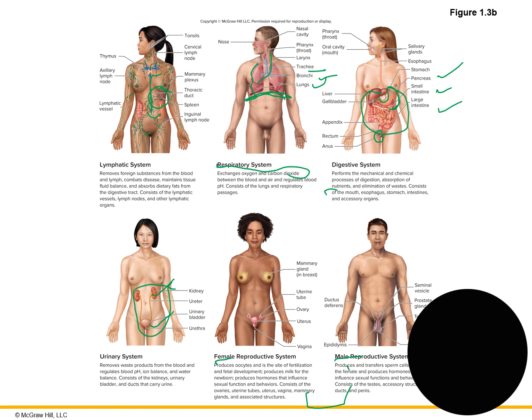We're going to see what these organs' functions are and what hormones are produced by these structures. Mainly here, ovaries can produce some hormones, and also testes. We're going to see that later in A&P 2.